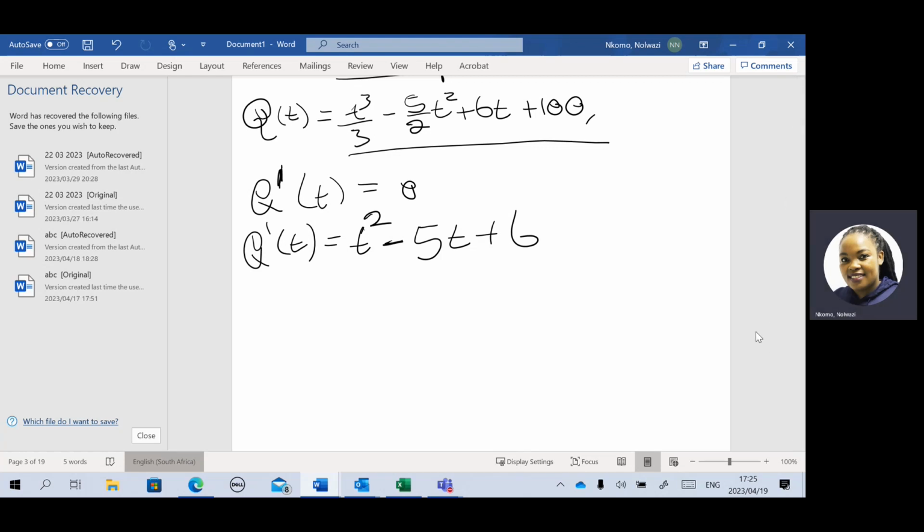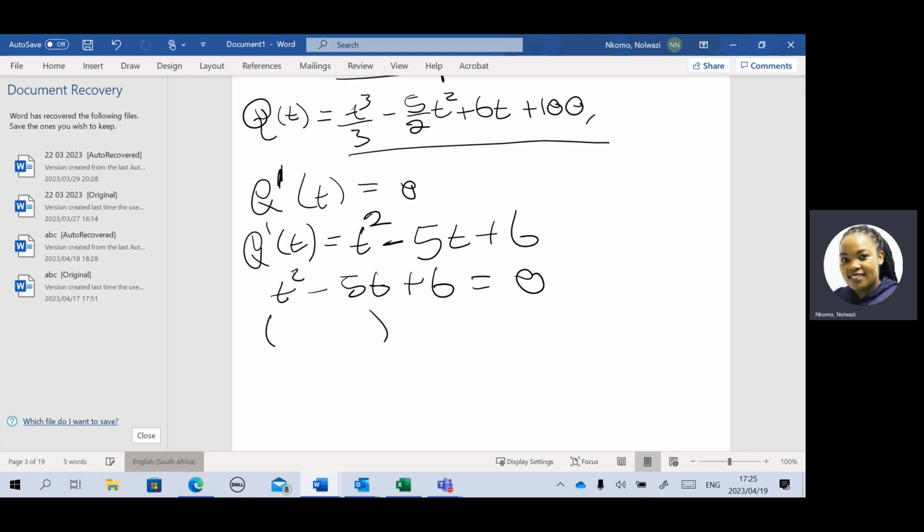Okay, this is our first derivative. If we let this derivative be 0, we will have T squared minus 5T plus 6 equals 0, right?